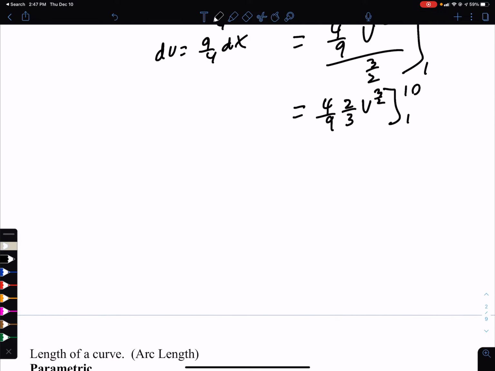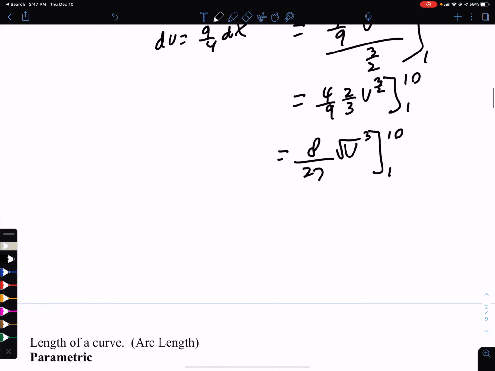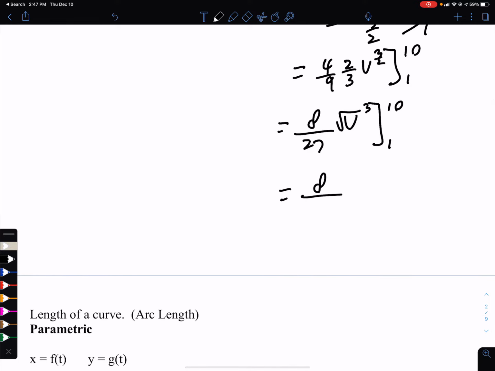All right, continuing on, this will be 8 over 27, u, square root of u cubed. I'm just going to rewrite it like that, which is 8 over 27 square root of 10 cubed minus 8 over 27 square root of 1 cubed. Wow, brain is not working well.